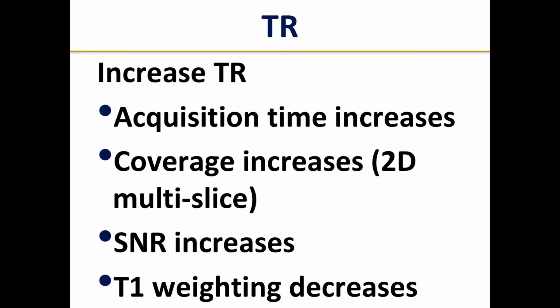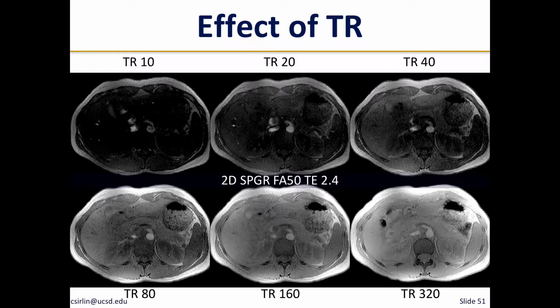Okay. But what I want to talk about is the effect of TR on SNR and T1 weighting. So this is a normal volunteer. Well, when I say normal, I mean she's physically healthy. She may not be normal because, although I won't mention any names, she's one of my favorite people in the whole world.